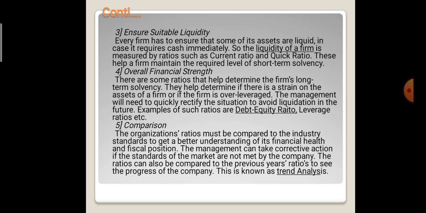So this way ratios will be helping the organization. And also inter-firm and intra-firm comparisons can be done with the help of the ratios. That brings out the strengths, weaknesses and efficiencies of the firm and their departments also.